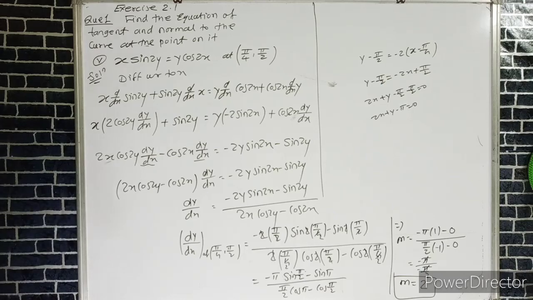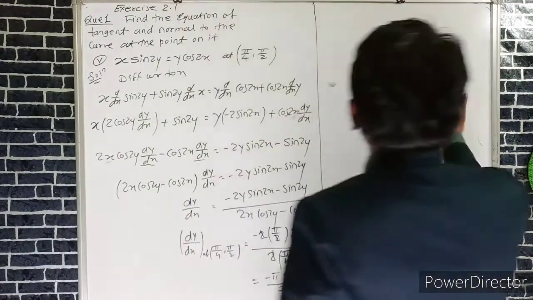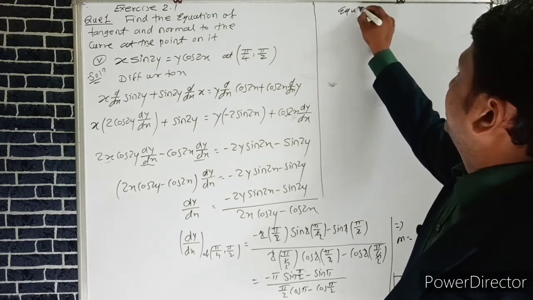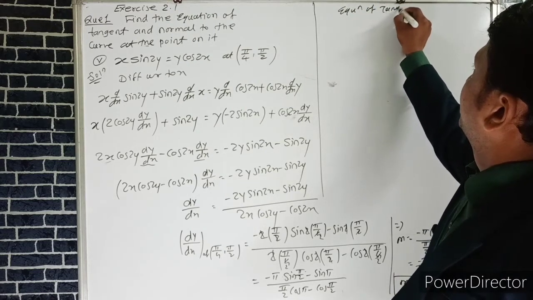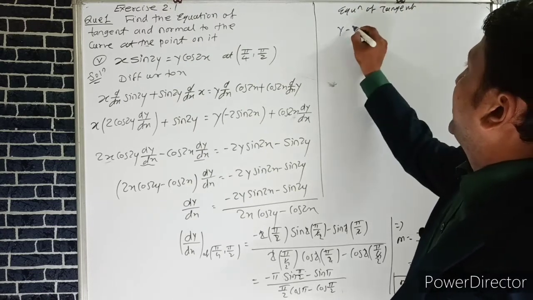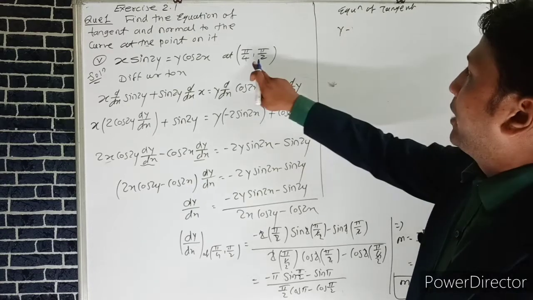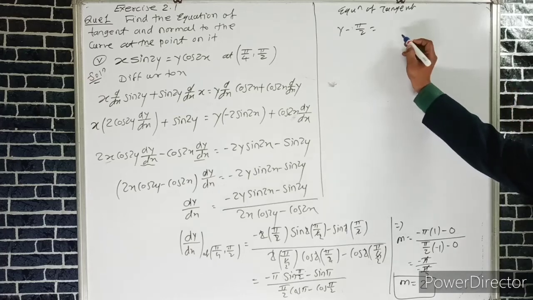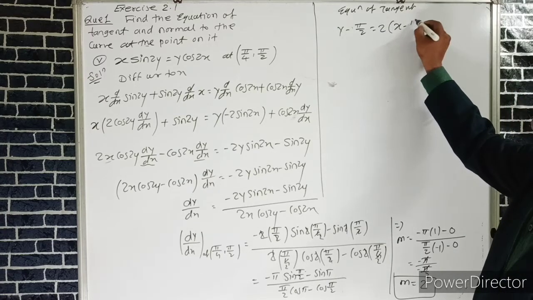Now we have to find the equation of tangent. Here the equation of tangent is y minus y1, meaning pi by 2, is equal to slope m, which is 2, into x minus x1, meaning pi by 4.